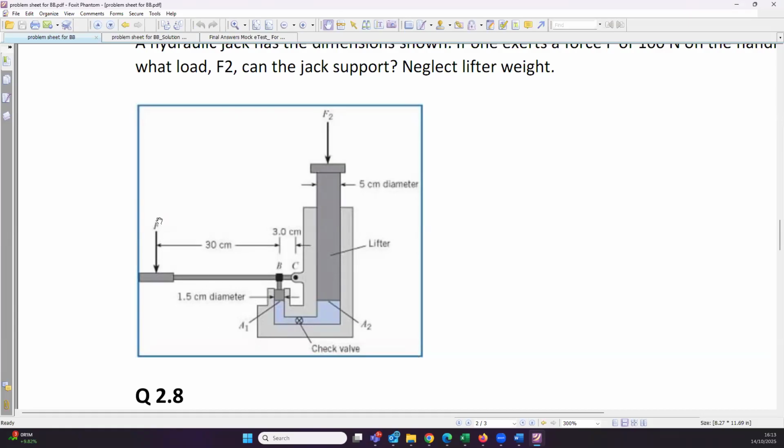It means that the moment acting down is equal to the moment acting up. So what is the moment of the force acting down? It will be the force at this point times the distance from the action of the force to the pivot point, that is point C, not point B. Point B is not the pivot point, point C is the pivot point. So that will be the distance, that is 0.03 meters plus 0.003, or let's make it simple in centimeters, it will be 33 centimeters.